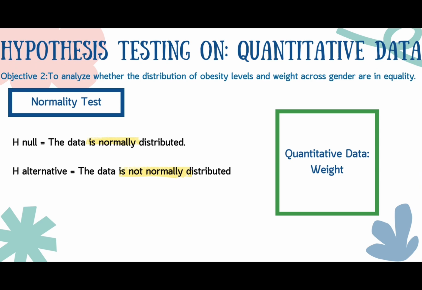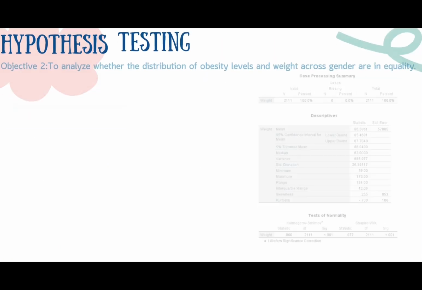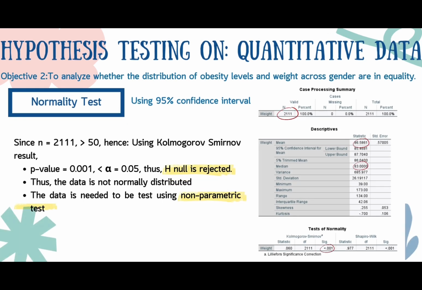The null hypothesis for the normality test is the data is normally distributed, while the alternative hypothesis is the data is not normally distributed. The mean, median, and mode must be equal for normally distributed data. Based on descriptive of weight, the mean of the weight is 86.59 kilograms, while the median is 83 kilograms, showing that the mean and median of the weight are not equal.